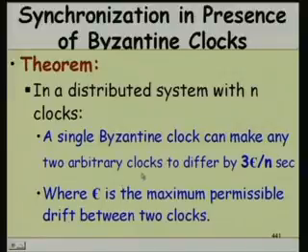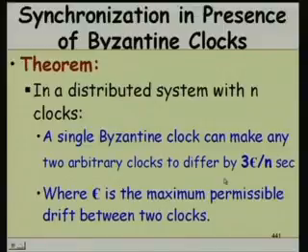So, epsilon is given to be the maximum permissible drift between 2 clocks, and n is the number of clocks in the system. What this theorem claims is that the effect of a single Byzantine clock would be to make two arbitrary clocks at most differ by 3 epsilon by n.